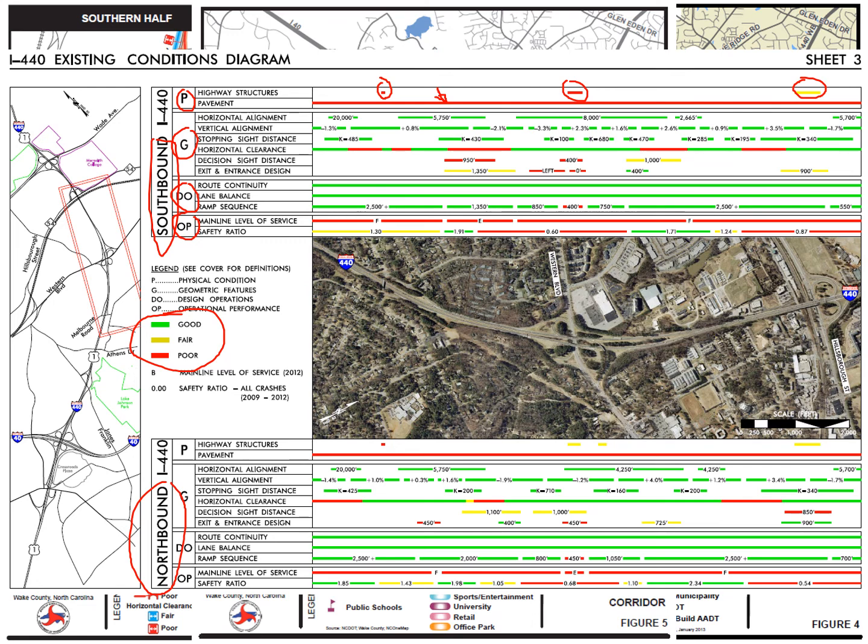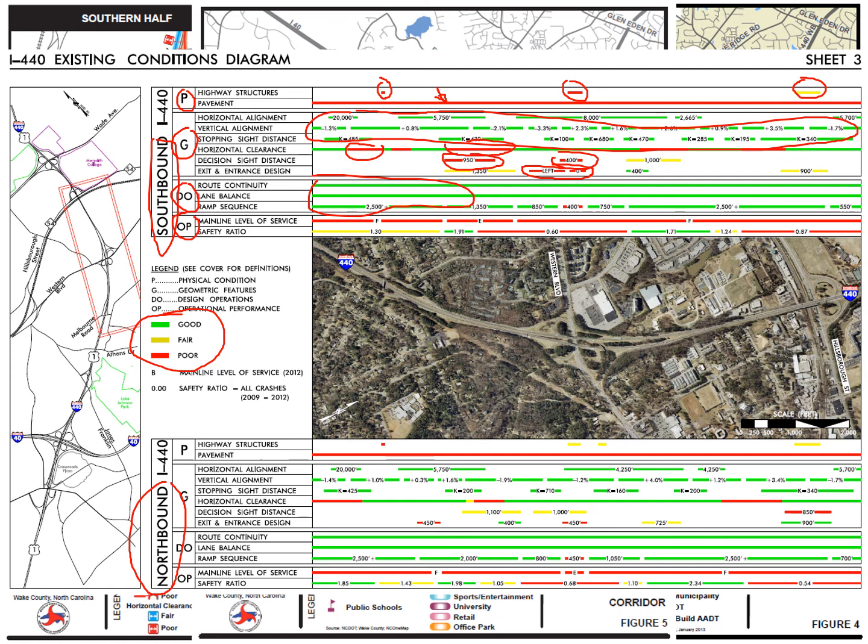We can look at the geometric features, and for the most part these are green, indicating good geometric features, but we do see there's issues with horizontal clearance here that we talked about previously, decision site distance, and again we can see exactly where these are occurring, entrance and exit ramp design. The design operations, including route continuity, lane balance, and ramp sequence, are overall good in this area.